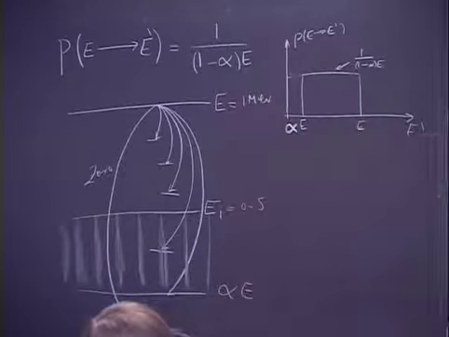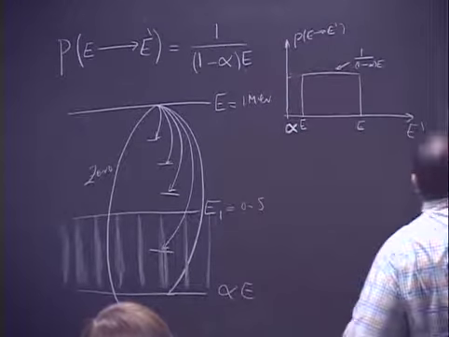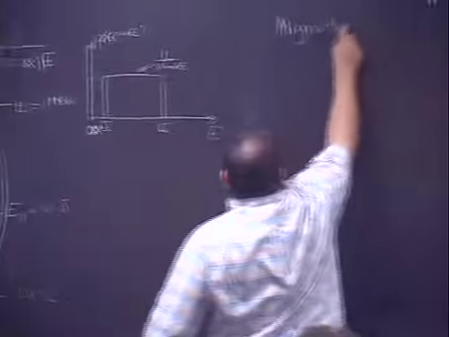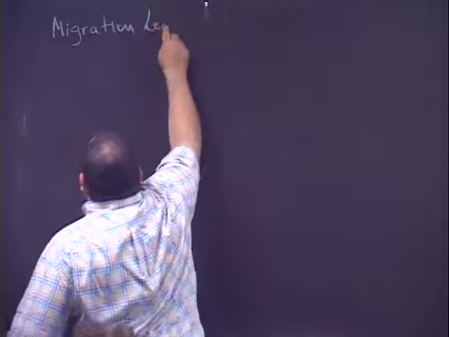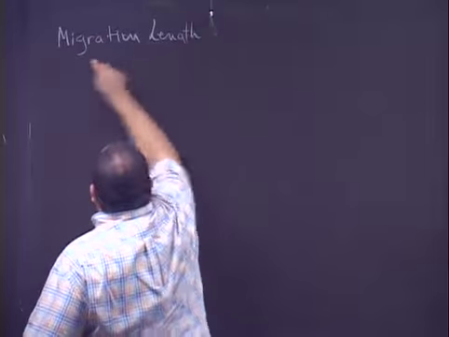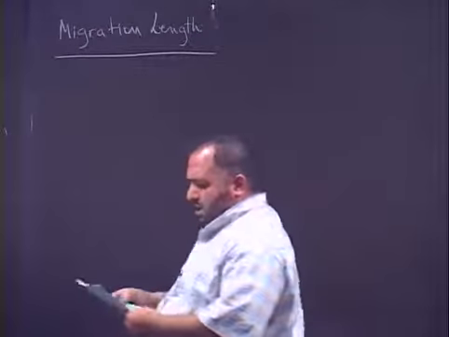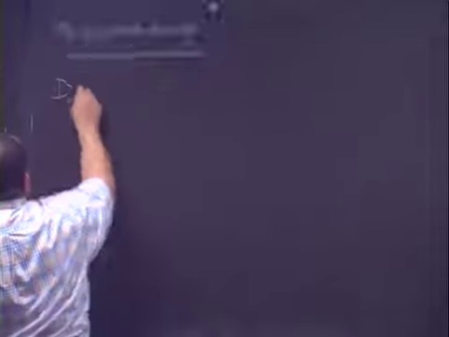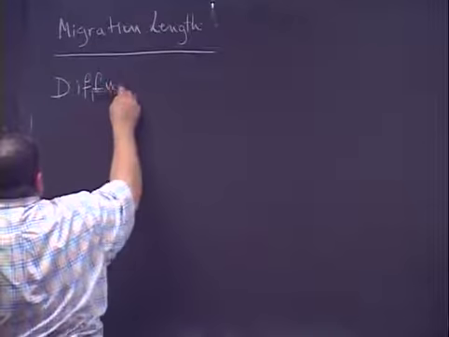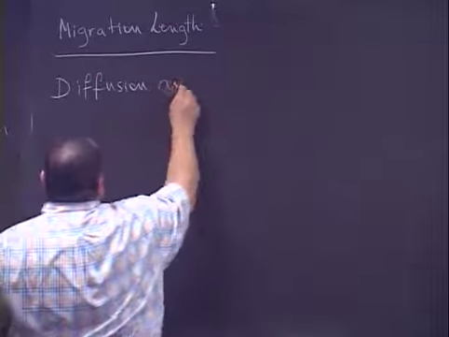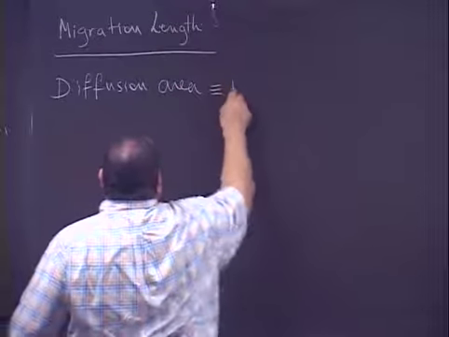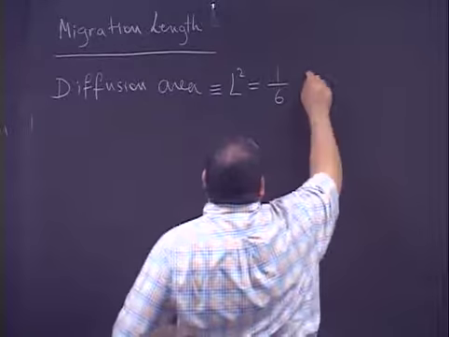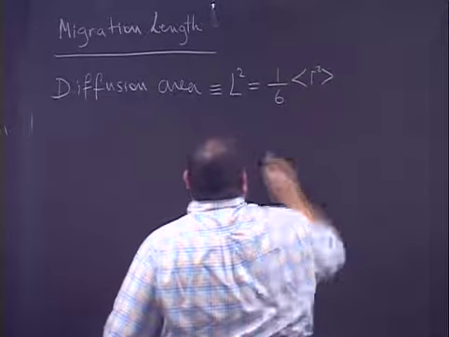So let's start with the migration length. We defined last time that the diffusion area is just L squared, and we showed that L squared is nothing more than 1/6 of the average R squared.